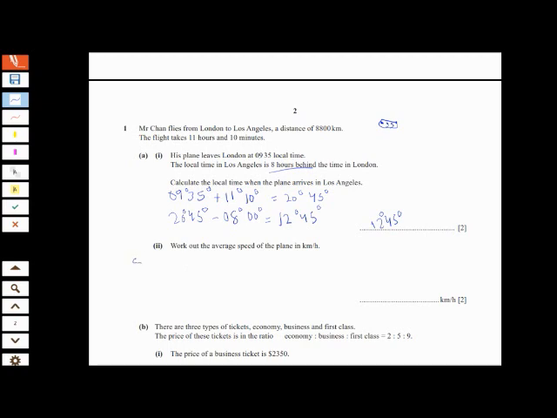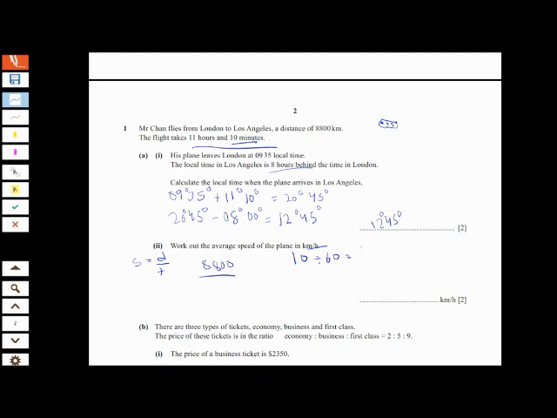Work out the average speed of the plane in kilometers per hour. So we know that speed equals distance over time. The distance here is 8,800 kilometers over the time, which is 11 hours 10 minutes. But 10 minutes is not in hours, and they wanted kilometers per hour. 11 hours is already hours, so you have to convert 10 minutes to hours by dividing by 60.